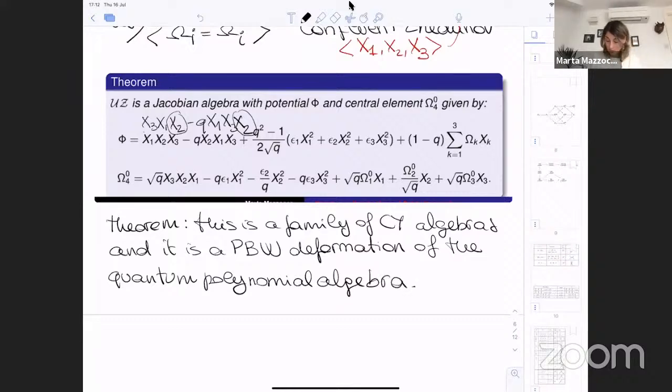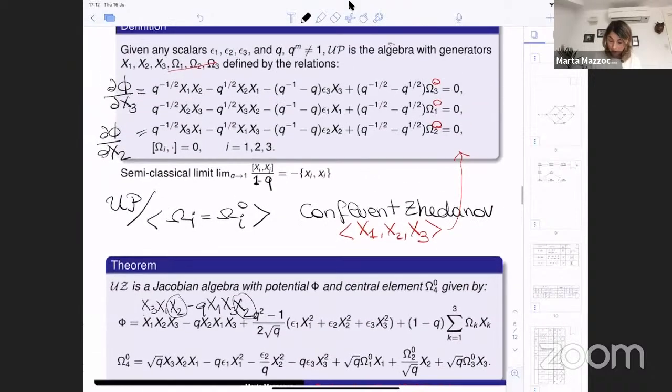The quantum polynomial algebra you can imagine as the algebra generated by similar relations in which we don't have these contributions. So you just lose this part, that's the quantum polynomial algebra, and then you have this PBW deformation, a flat deformation of that polynomial algebra.